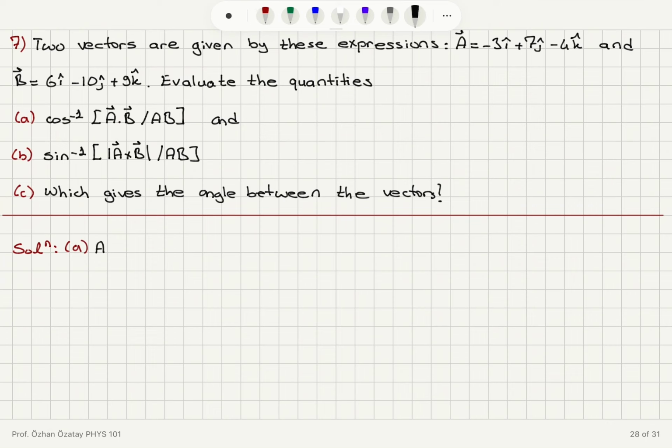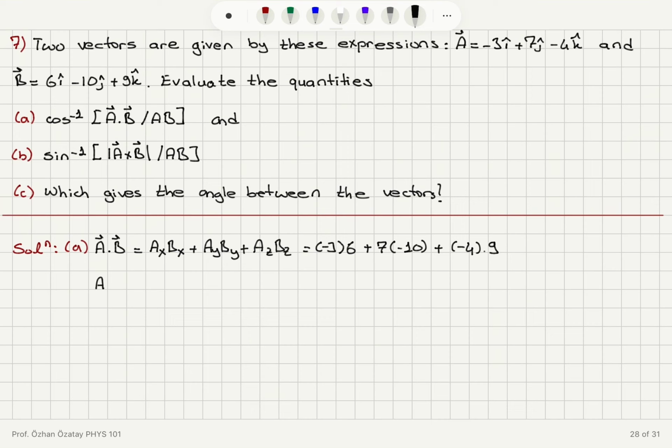Well, the dot product between two vectors A and B is given in terms of their components: ax bx plus ay by plus az bz. So the x component of A was minus 3, the x component of B was 6, so minus 3 times 6, plus the y component of A, 7, multiplied with minus 10, the y component of B, and the z component of A is minus 4 multiplied with the z component of B, which is 9.